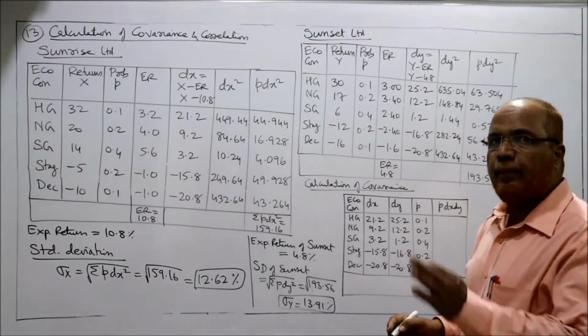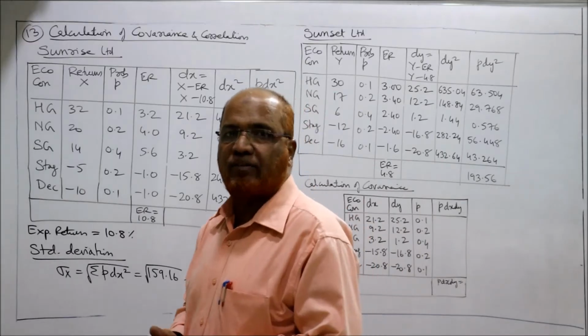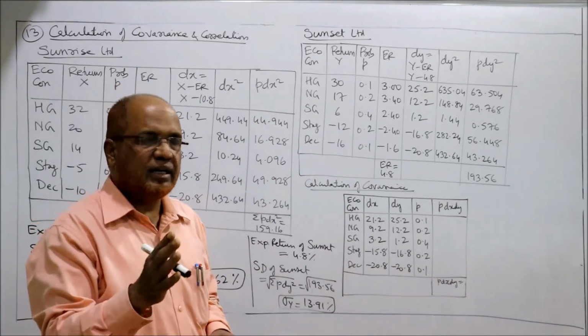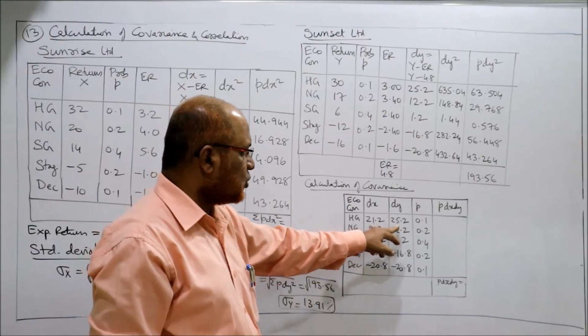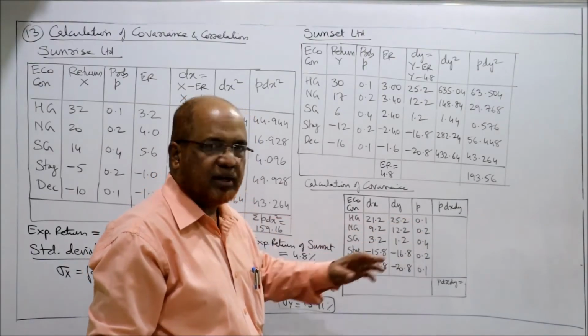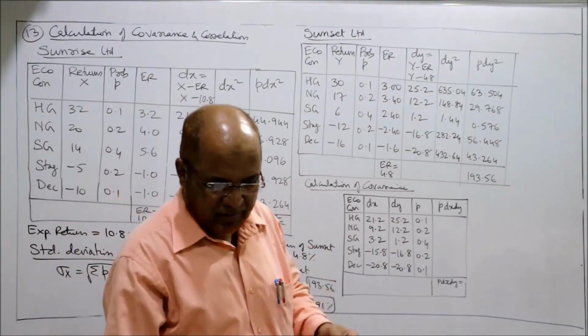Now we have to multiply P into dx into dy. Multiply these three together: 21.2, 25.2 and 0.1. Multiply all the three values.